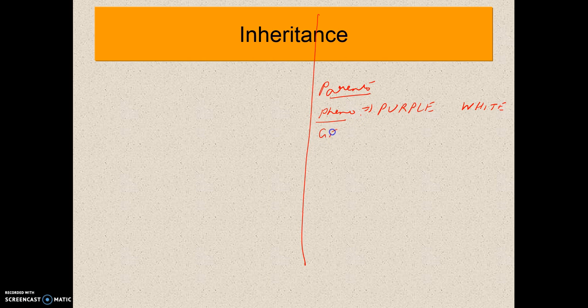Well, what is the genotype then? As per his law of factors, purple will be uppercase P, and the white flowers will be lowercase p, okay? And what are the gametes then? The sex cells that are formed, remember the law of segregation. So only one factor will go, so uppercase P will form one gamete, lowercase p will form one gamete, okay?